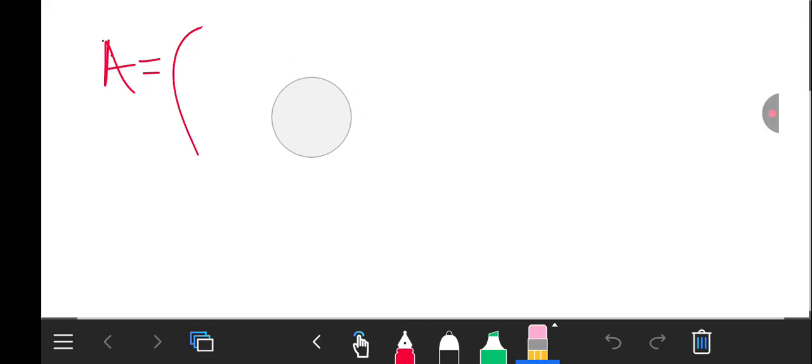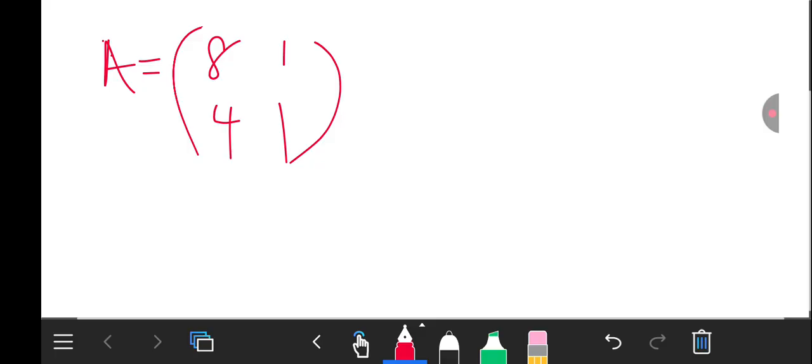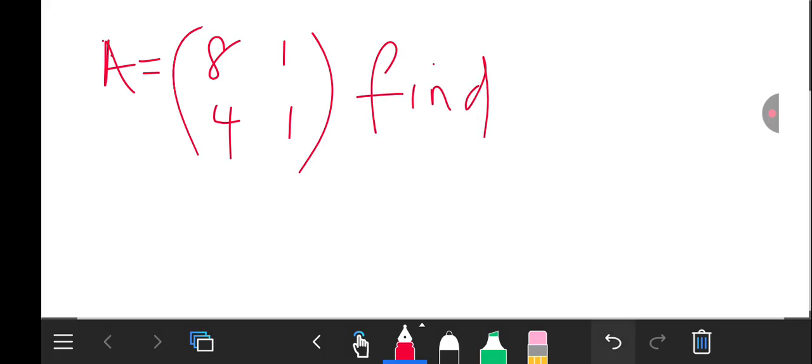Let me write it like this: 8, 1 on top, 1, 4 below. So this is the question, matrix A. We've been given that. Then the question is: find the inverse.